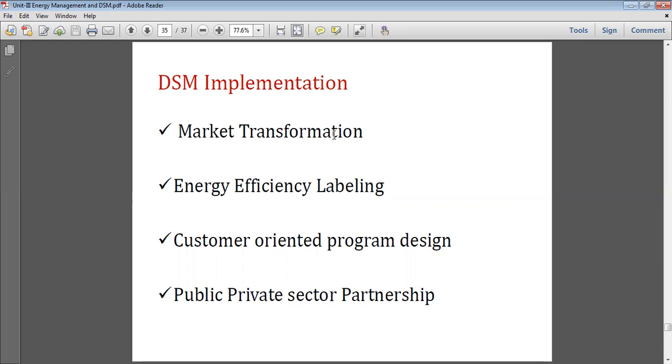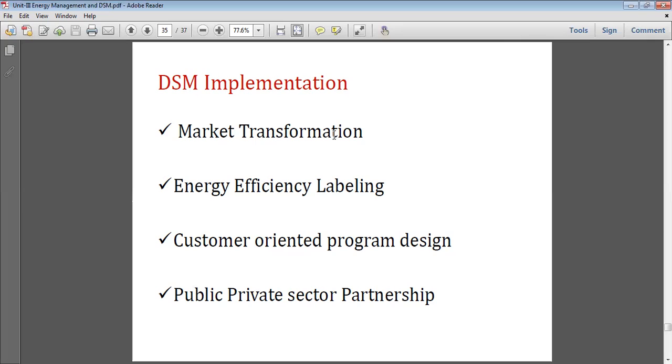Second is energy efficiency labeling. We provide energy efficiency labeling as per the tests conducted by the BEE. There are BEE labs, and some international labs, where we have to test our product. If the product is tested and found okay, the BEE, Bureau of Energy Efficiency, awards some star rating. It may be a 3-star, 4-star or 5-star rating.